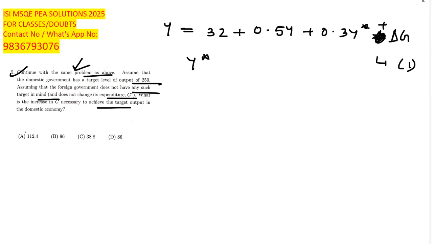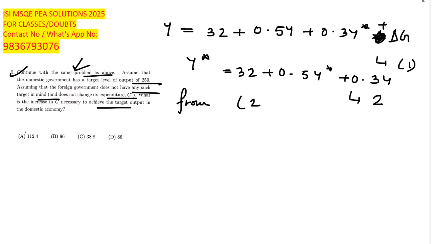Next, y star will be 32 plus 0.5y star plus 0.3y, which will be equation 2. So from 2, y star equals 32 plus 0.5y star plus 0.3y.